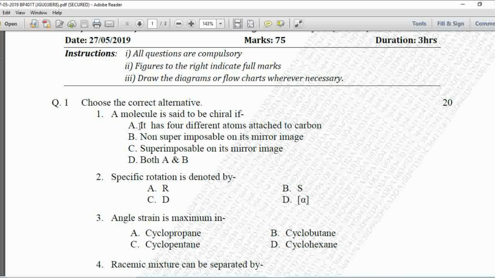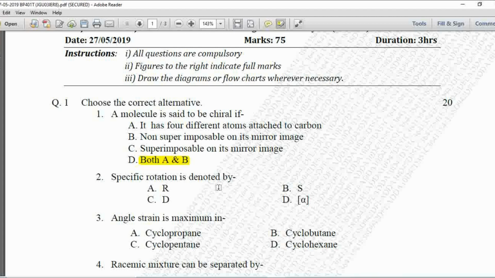MCQ number 1: a molecule is said to be chiral if option A, it has 4 different atoms attached to the carbon, B is non-superimposable on its mirror image, C is superimposable on its mirror image, and D is both A and B. So if we are saying that the molecule is chiral, then there are two conditions which are correct over here, that is it has 4 different atoms attached to the carbon, and second one is non-superimposable mirror images will be seen.